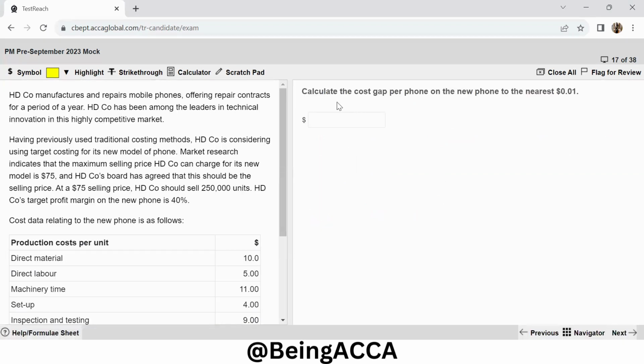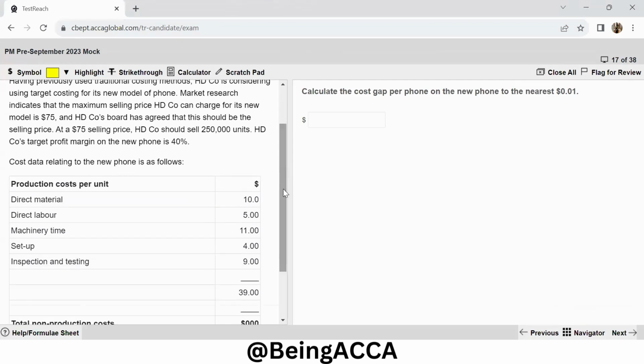Okay, we have to calculate the cost gap per phone on the new phone to the nearest 0.01. All right, so let us solve this over here. Right. Let's first find out how much the total cost would be because we have to find out the cost gap. So we have our direct material.